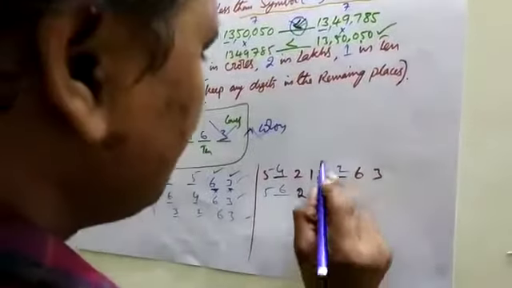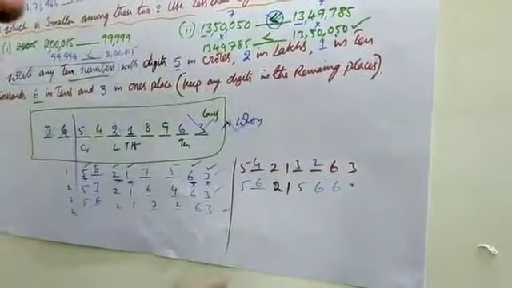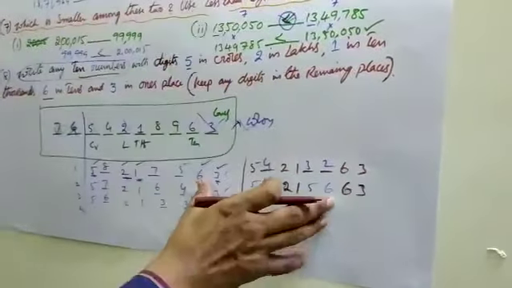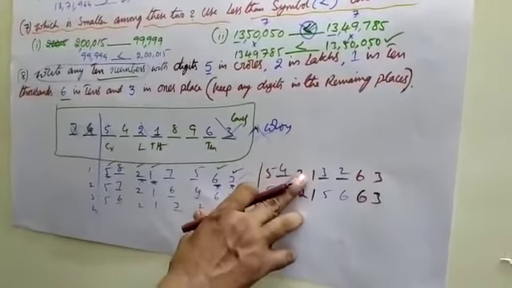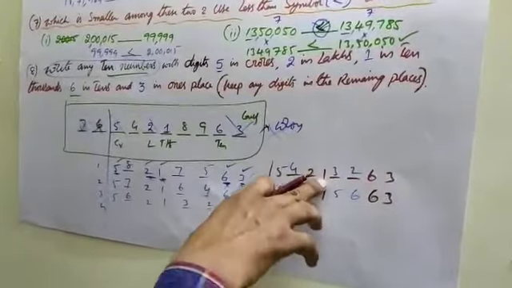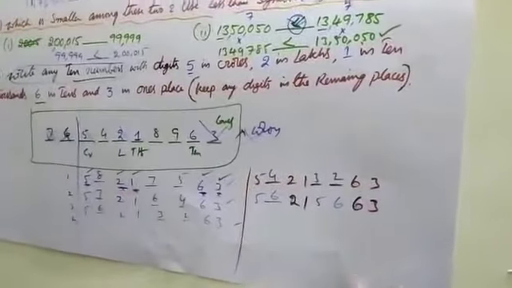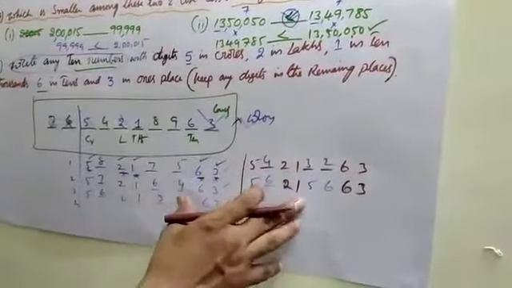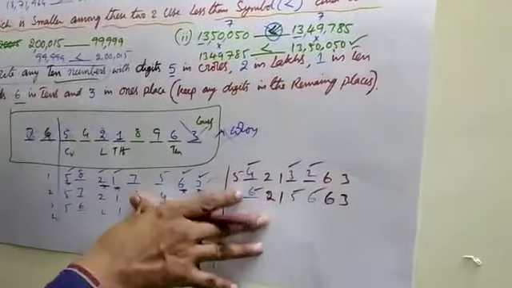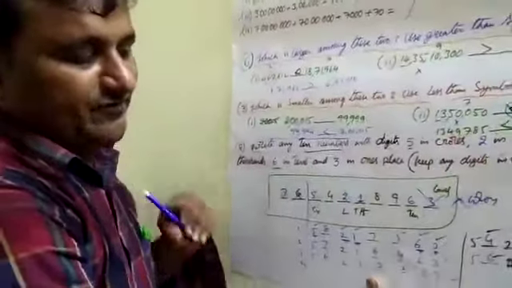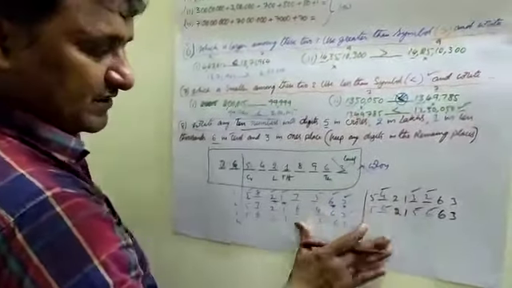At the same time, 5, 6, 3, 6, 3, 6, 3. Like this type. Don't change the crores in 5s, lakhs 2, 10,000 in 1, tens in 6, ones in 3. Don't change the places. In the remaining places, keep the digits like this: 4, 3, 2, 6, 5, 1. Like these numbers, you write the remaining 5 numbers.